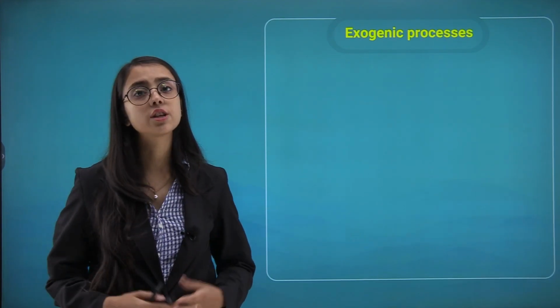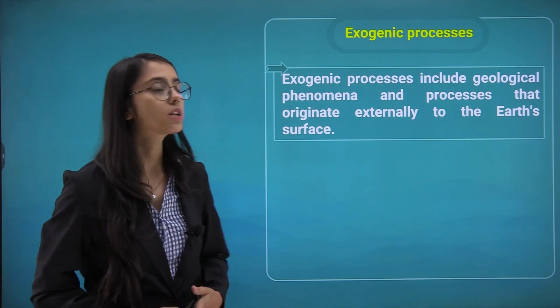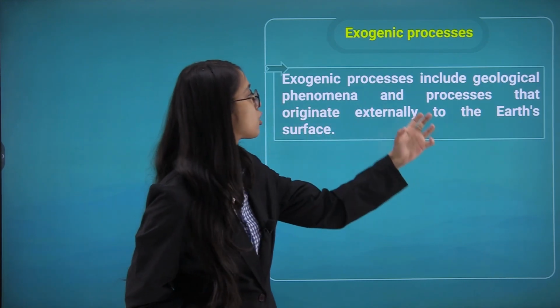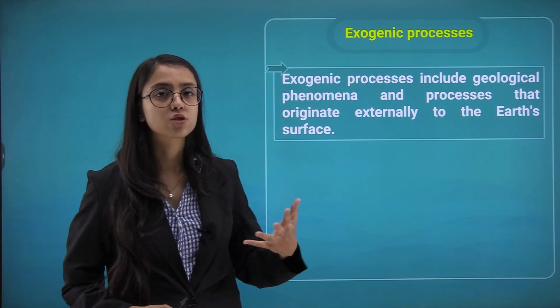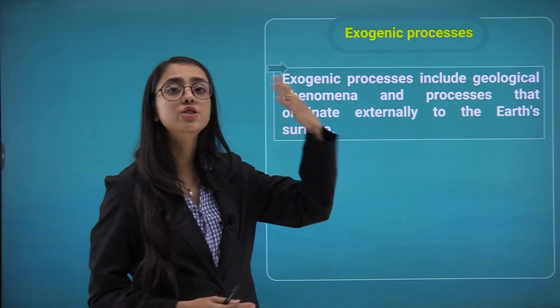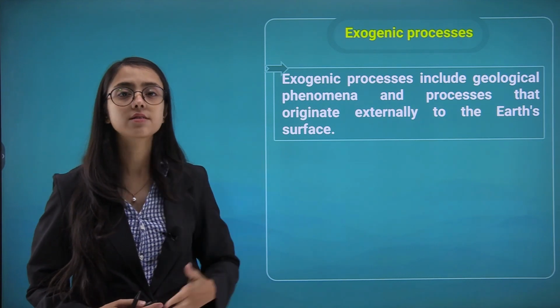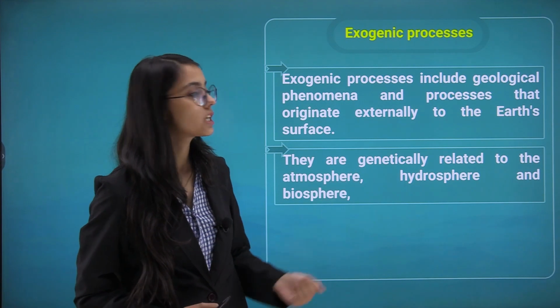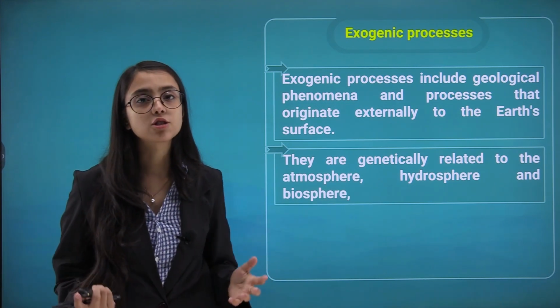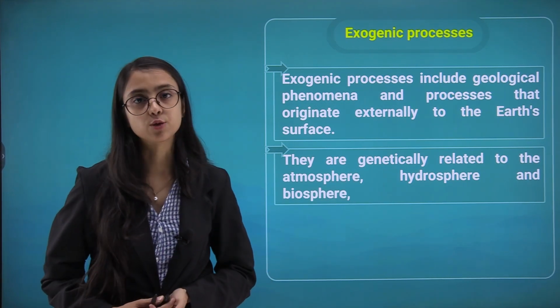Now, what are exogenic processes? Exogenic processes include geological phenomena, geological elements and processes that originate externally, outside the surface of the earth. Apart from that, they are genetically related to the atmosphere, hydrosphere and biosphere.